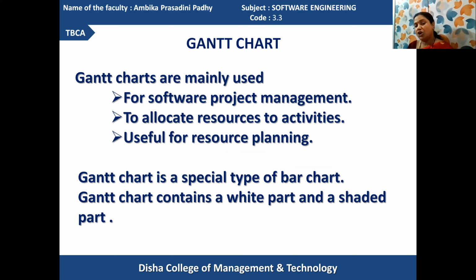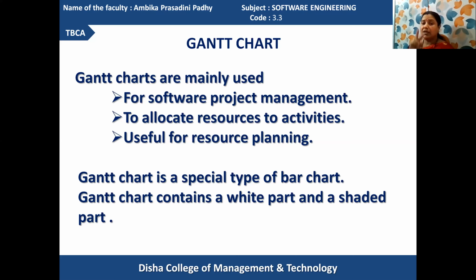And when a job is executed, it is divided into two parts, the shaded part and the white part. The shaded part contains the total job's execution time period. Got it? And the white part identifies the slack time period, or the time period being wasted waiting for the next set of jobs to be started.